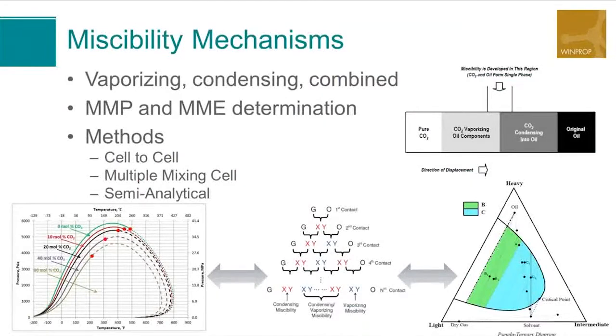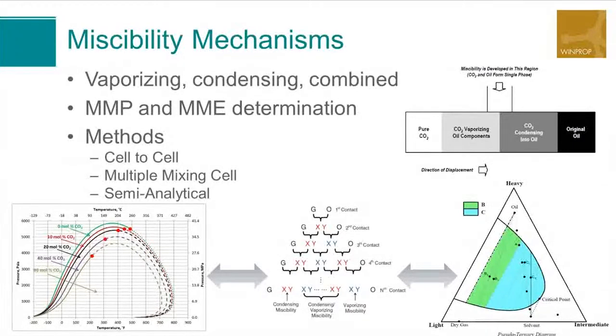When carbon dioxide is injected into the reservoir, the gas may not be miscible initially at the reservoir condition. But by multiple contacting of the gas with the oil, miscibility is achieved during the displacement. There are several mechanisms involved in multi-contact miscibility, called vaporizing, condensing, or combined vaporizing and condensing.